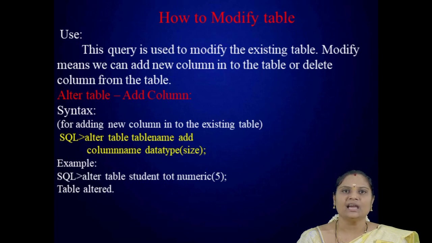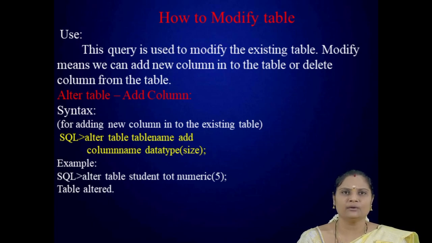First we see alter table used to add new column into the existing table. For this we write the query as alter table, table name, add column name along with its data type.